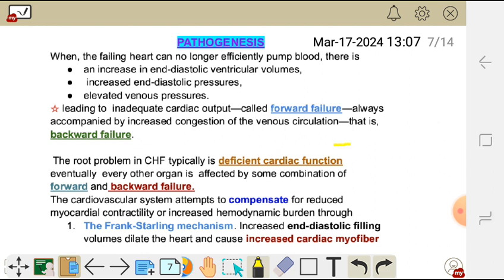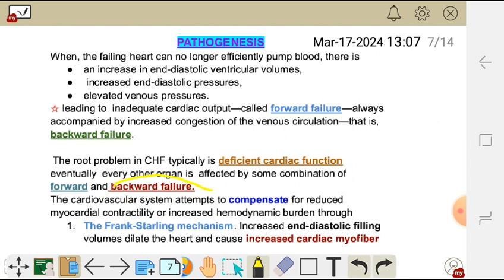So in heart failure we have deficient cardiac function, and as a result of that, all other organs will be affected as a result of forward or backward failure.